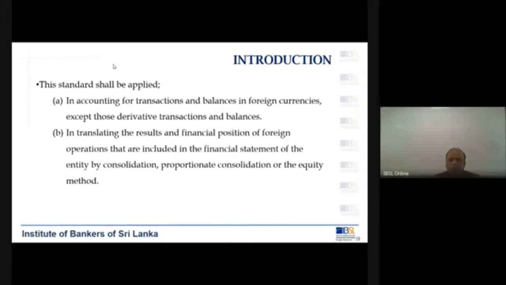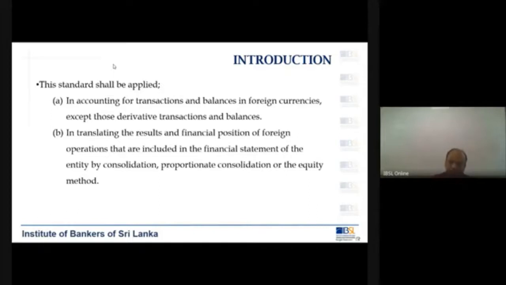So what you have to do is, when you are consolidating, you take all the Sri Lankan operations, take this foreign operation and add together. Now, if you think that Sri Lankan operation is like apples and this foreign operation is oranges, you can't add apples and oranges and give a number. That is very straightforward. So you need to convert these oranges into apples.